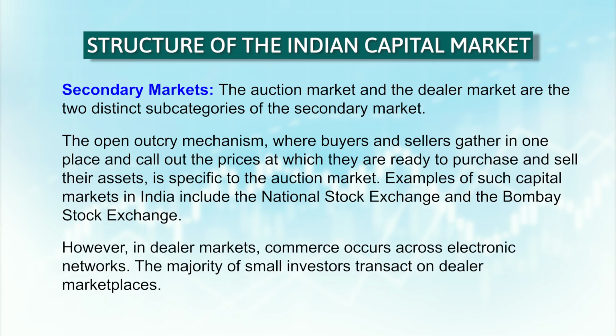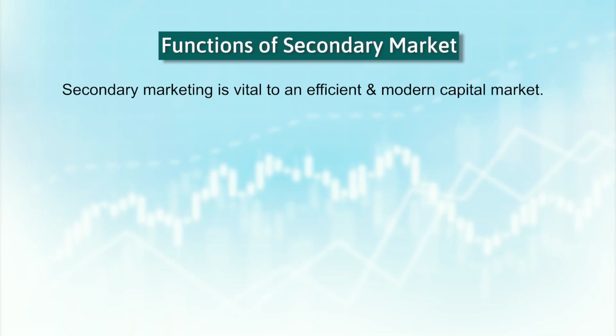However, when we look at the dealer markets, commerce occurs across electronic networks and the majority of small investors transact on dealer marketplaces. We should now look carefully at the functions of the secondary market. The secondary market is vital to an efficient and modern capital market.